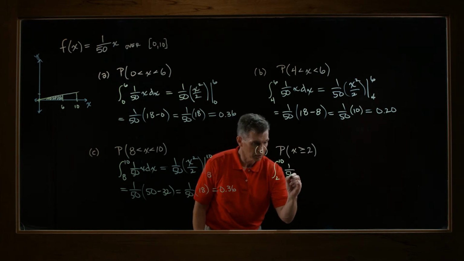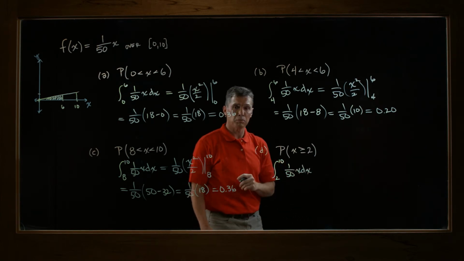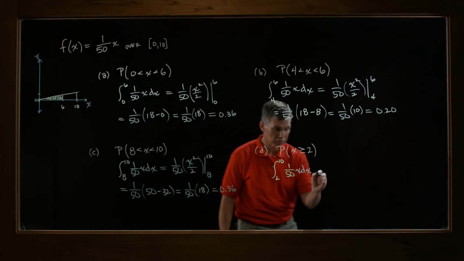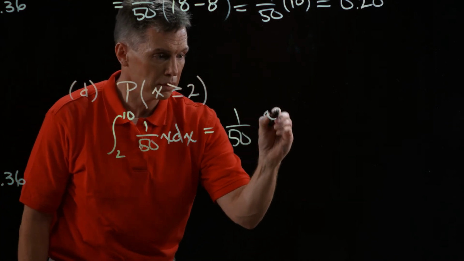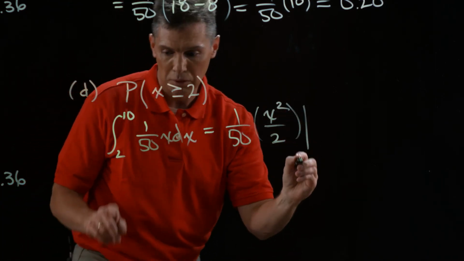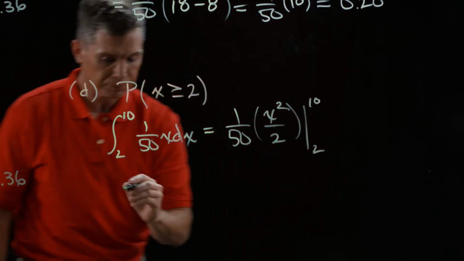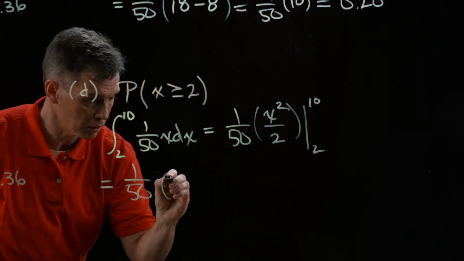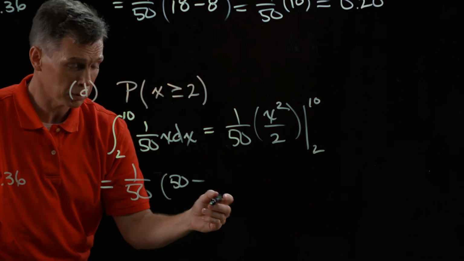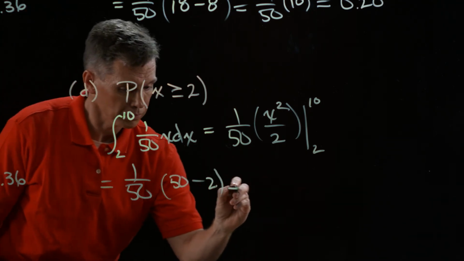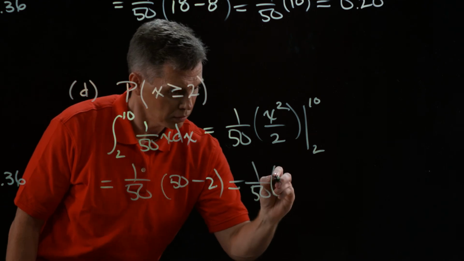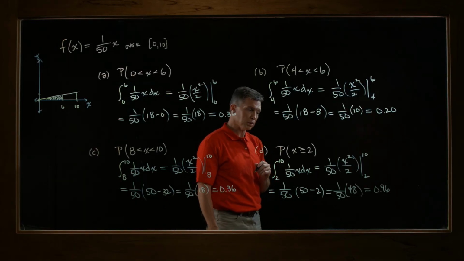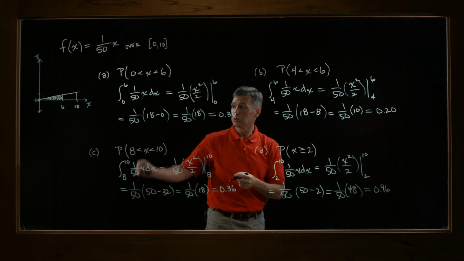And then I get back into my groove of the same type of problem as the other three parts. It's our integral from 2 to 10 of 1/50th x dx, and 1/50th x squared over 2, this time with limits of integration of 2 and 10. 10 squared is 100 divided by 2 is 50. 2 squared is 4 divided by 2 is 2. 1/50th times 48 is 0.96 as a probability.